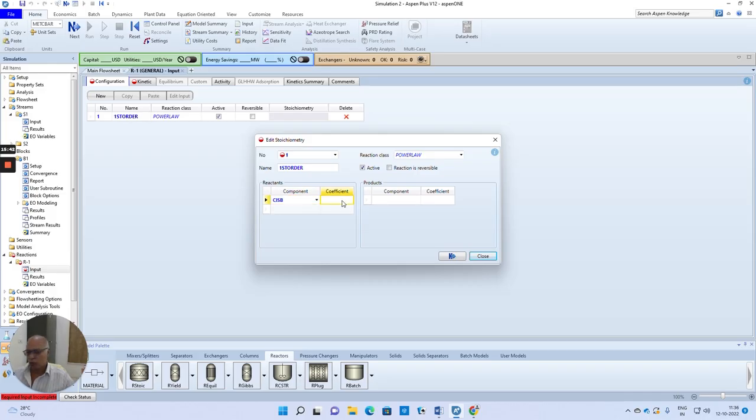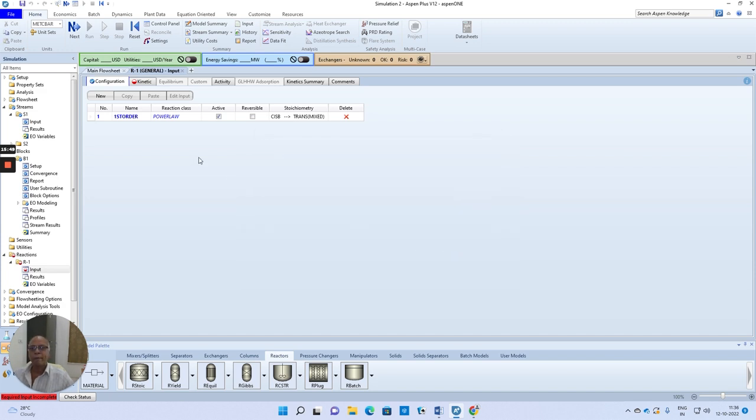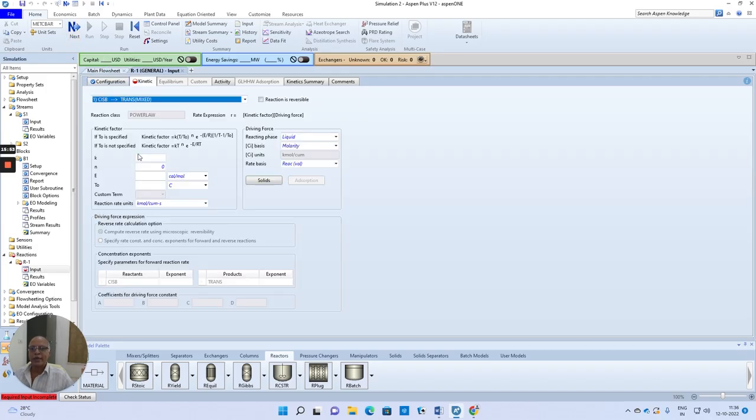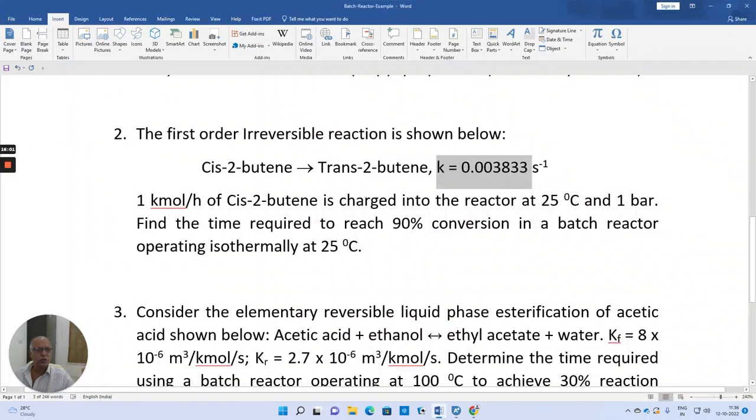Cis butene coefficient is 1 and the product is trans butene coefficient is 1. Next. So we have given the stoichiometry. Now we need to provide the necessary kinetic information. So reaction class is power law. K value is given as 0.003833. I will provide this information.